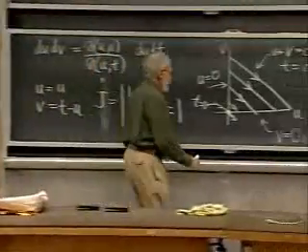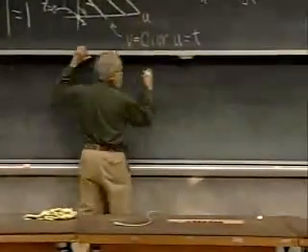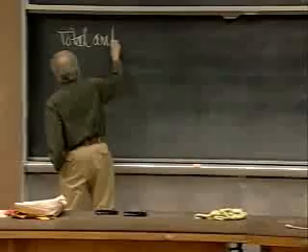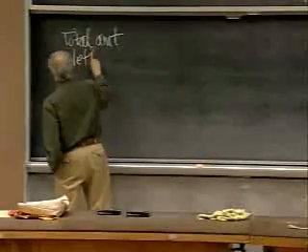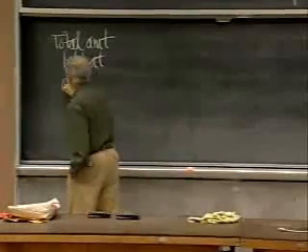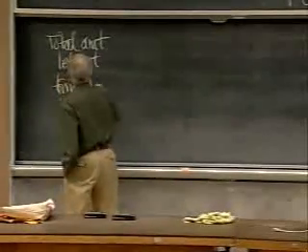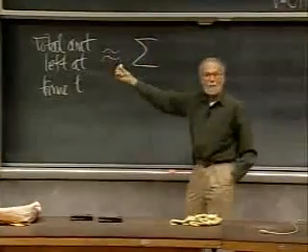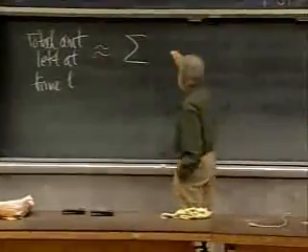And the answer will be, therefore, the total amount left at time t that is not yet decayed. It will be approximately, you add up the amount coming from the first time interval plus the amount coming from the next, and so on.